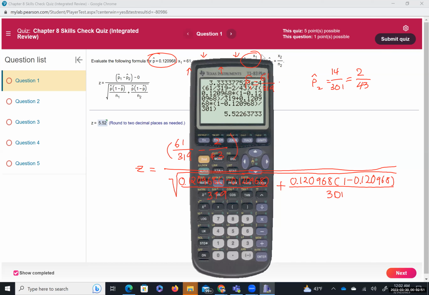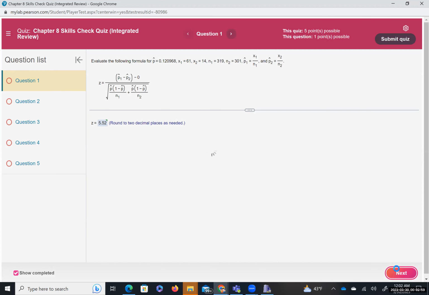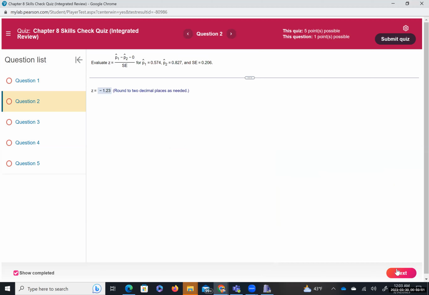Okay, so I'm going to clean this up and move to the next one. This one is similar, but it could be easier, because we don't have to find P1 and P2.